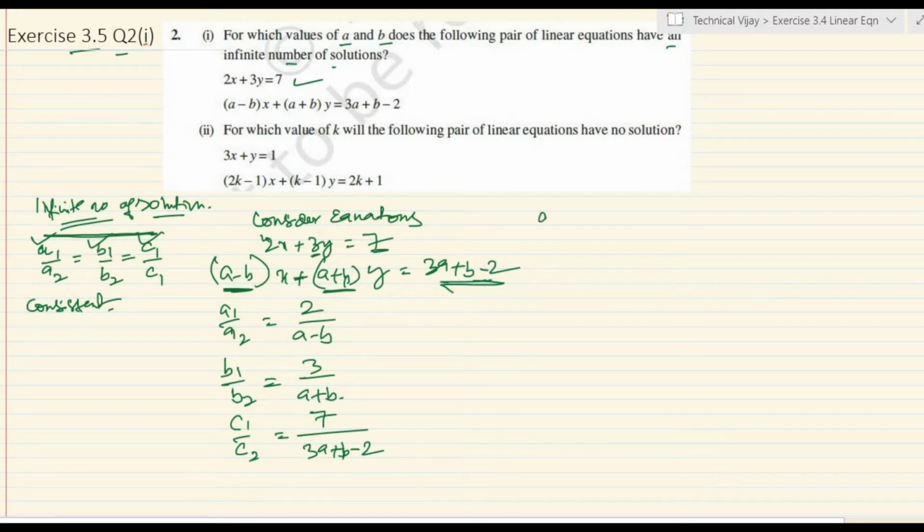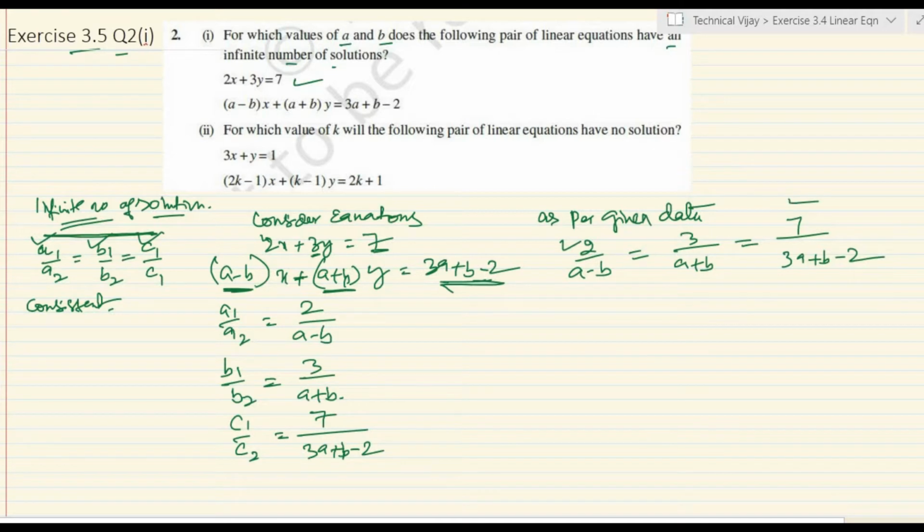So as per given data, these are equal, that is 2 divided by a minus b is equal to 3 divided by a plus b, which is also equal to 7 divided by 3a plus b minus 2. Okay, so now we will equate this term with this one. So 2 divided by a minus b is equal to 7 divided by 3a plus b minus 2.